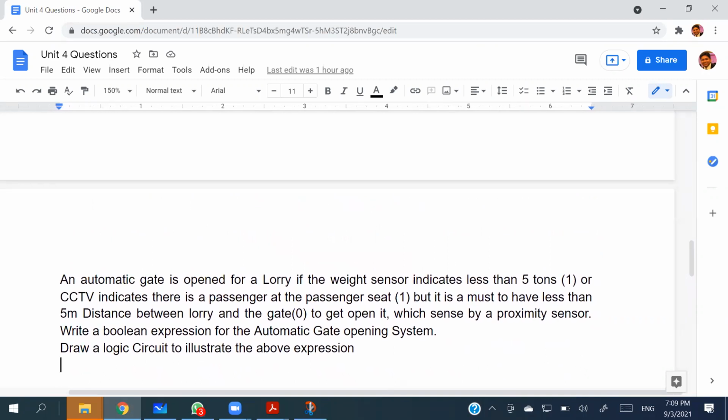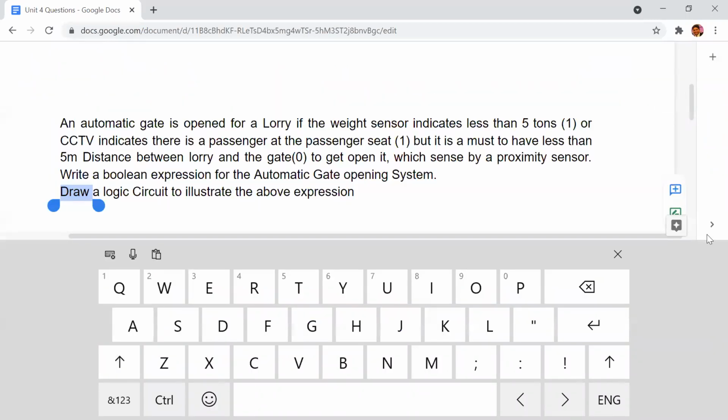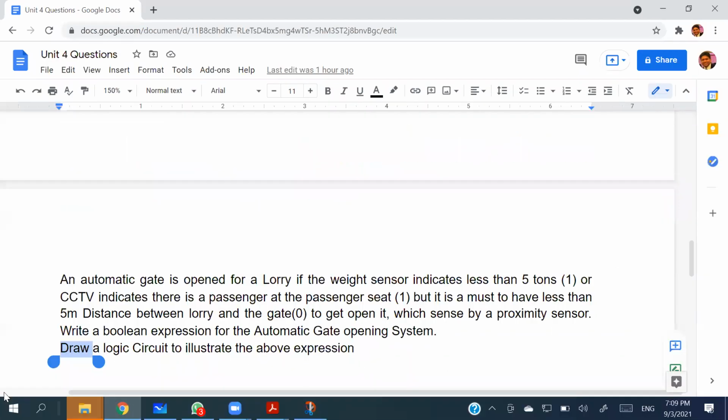So write this down onto your books, right? You need that question, then try to come up with an answer. I have asked two things: write a Boolean expression for the automatic gate opening system, and then draw a logic circuit to illustrate the above expression, right? So you may do those things.